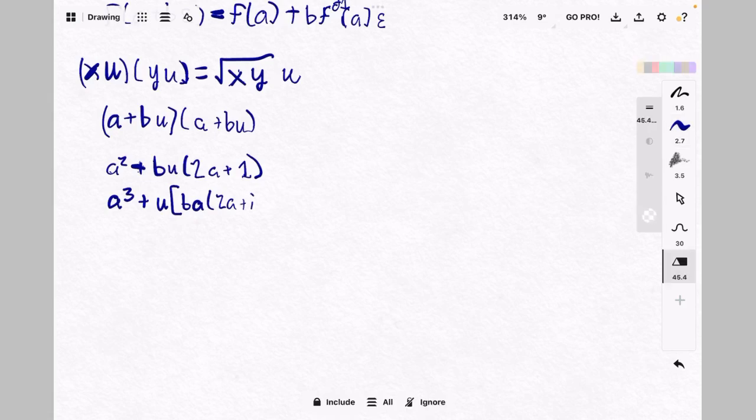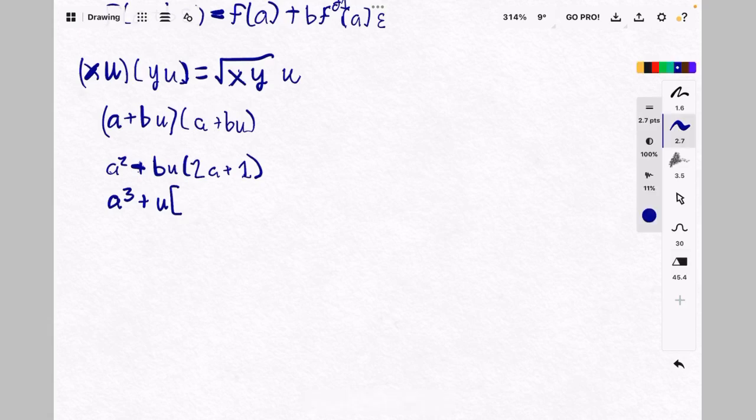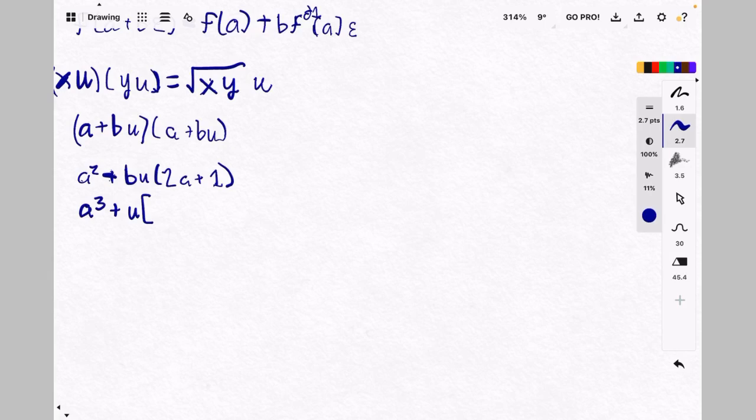Actually, I shall expand this out. So that would be 2a squared b plus ab, if I can write.